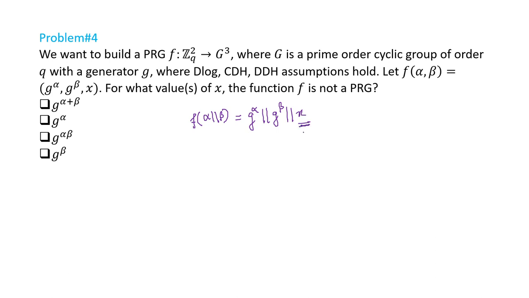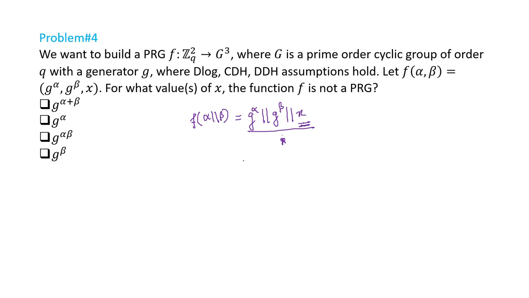Now you have to tell for which value of x this string is not indistinguishable from a uniform random string. You can just try replacing. Let me try one after another.